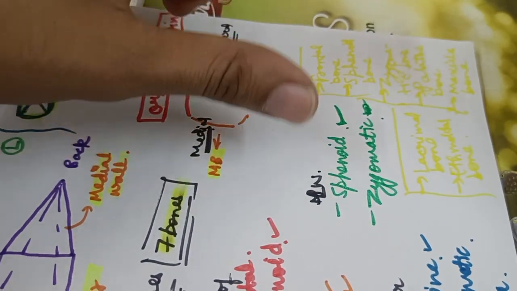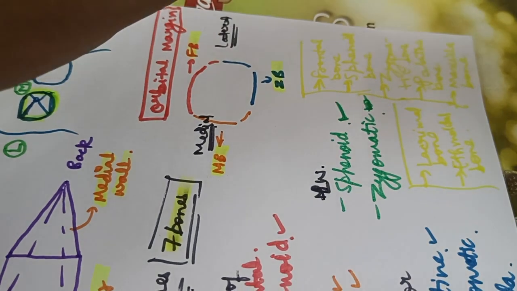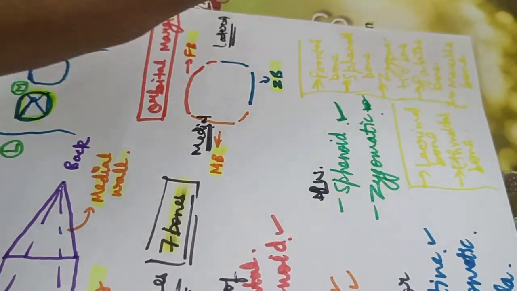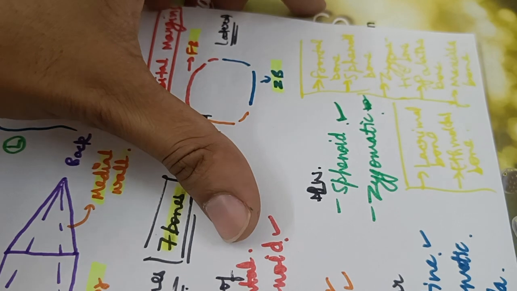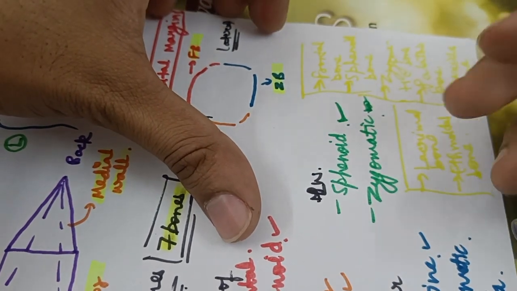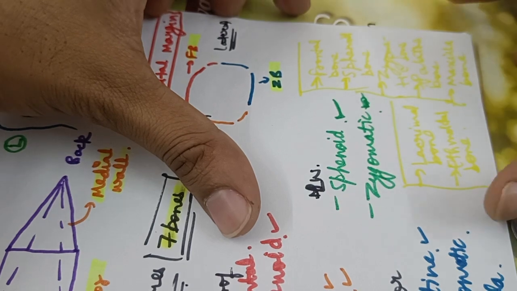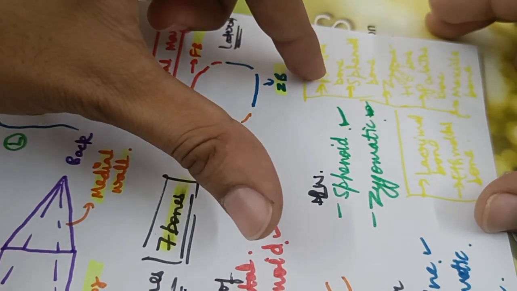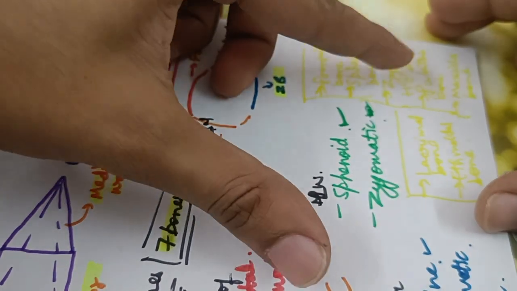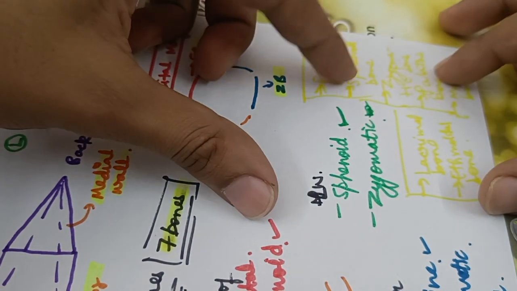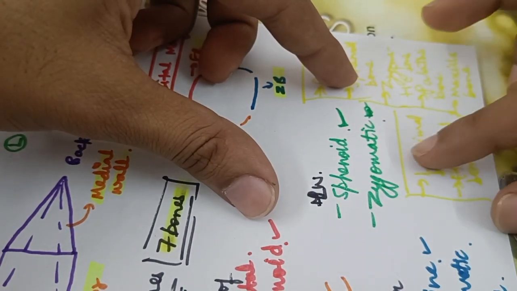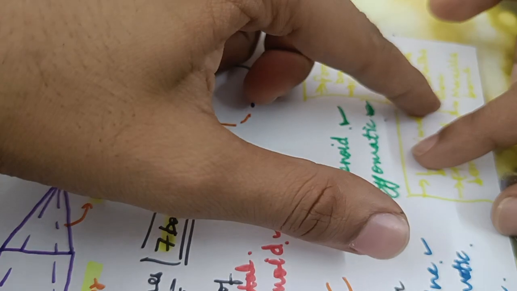Now you might be thinking why I am writing with this color. The answer is so that you should also write it in a very sequential manner so that you can learn it. Basically we have to see the frontal bone, the zygomatic bone, the maxilla bone, the sphenoid bone, the ethmoid bone, the lacrimal bone, and the palatine bone.